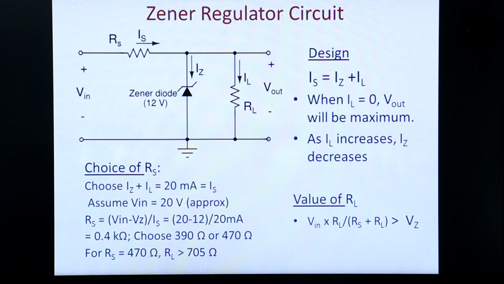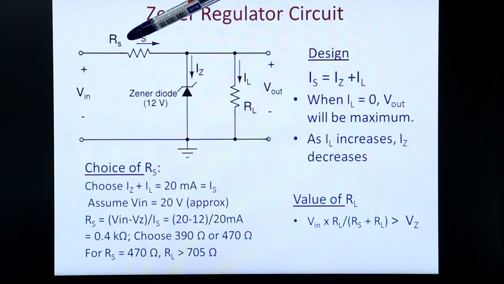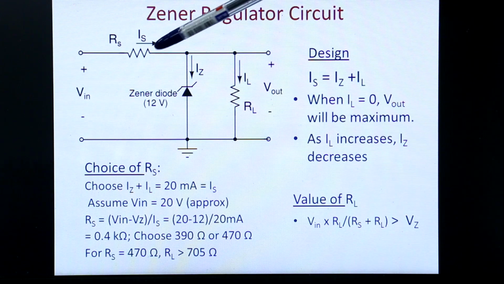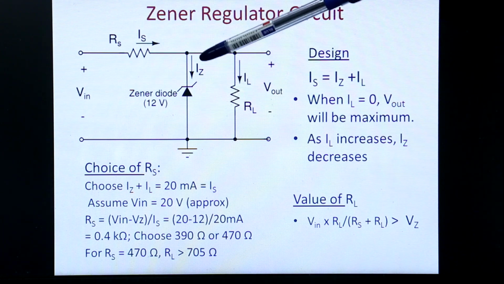What we have here is a Zener regulator circuit which should give you a nominal output voltage of 12 volt. So the Zener is a 12 volt Zener, and in the circuit you will see a series resistance called RS, and a current IS flows through that, and that current has two paths.